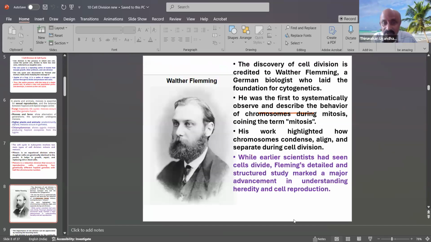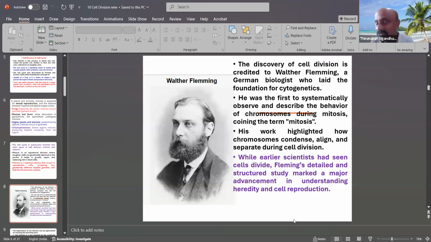So there was Walter Flemming. The discovery of cell division is credited to Walther Flemming, a German biologist who laid the foundation of cytogenetics. He was the first to systematically observe and describe the behavior of chromosomes during mitosis, and coined the term mitosis.